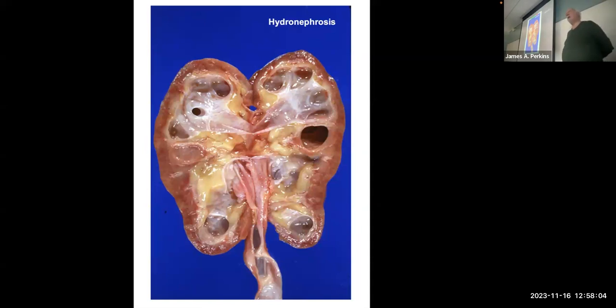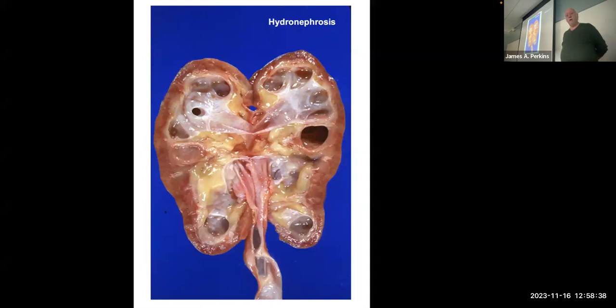I don't think we saw any kidney stones yesterday or Tuesday, but sometimes a kidney stone can get lodged in one of the calyces and cause urine to back up in the kidney, leading to the formation of a cyst in one part of the kidney where we just have this accumulation of urine. This is an example of a kidney that has something called hydronephrosis, which usually results from a blockage of the ureter itself. And it causes urine to back up into the entire kidney.